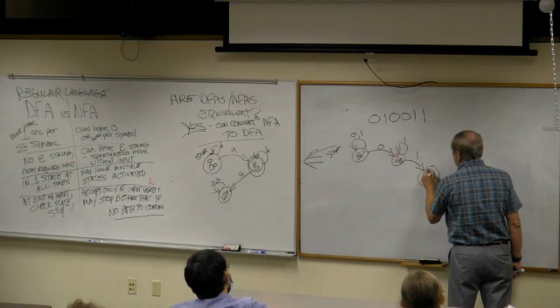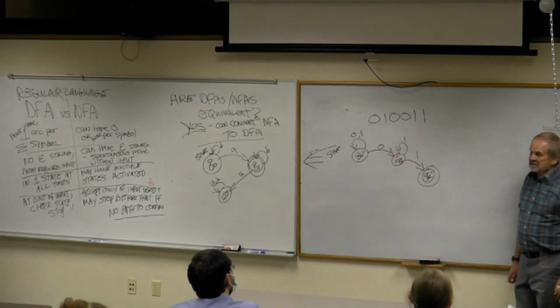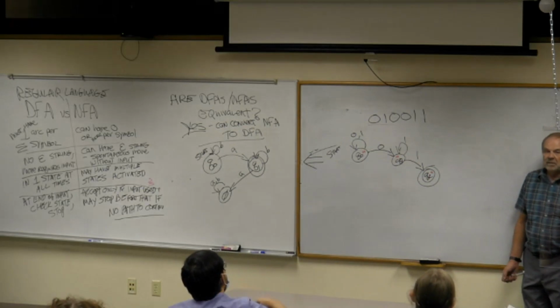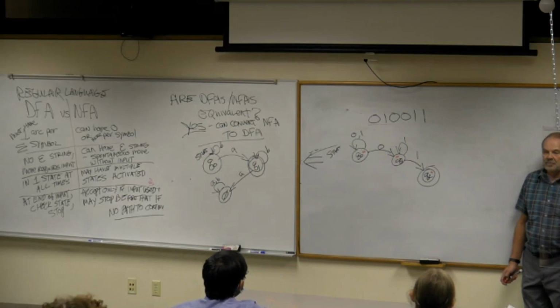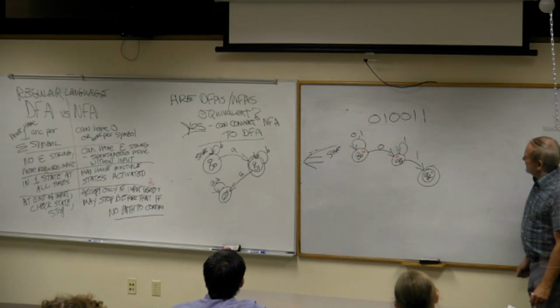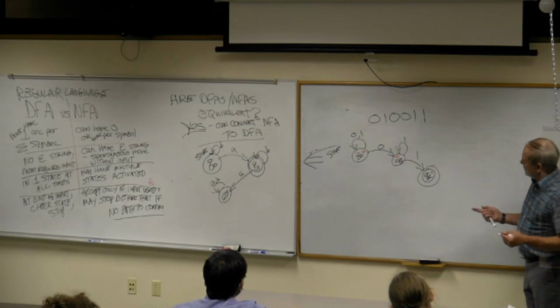This is where the idea comes in, well, what are some ways to think about it, right? It has all 3 states active. It's like having all the possible paths active and ready to try the next symbol.